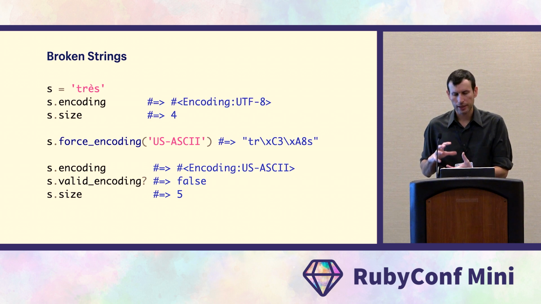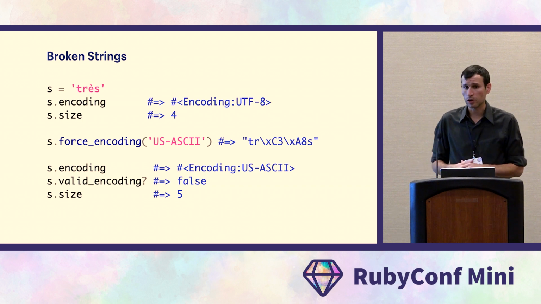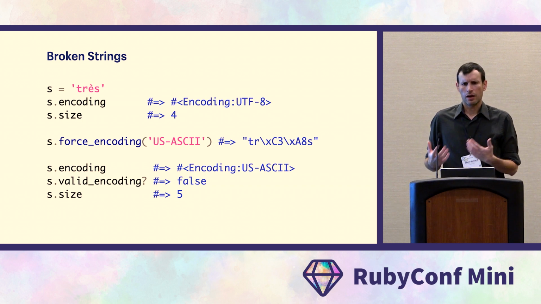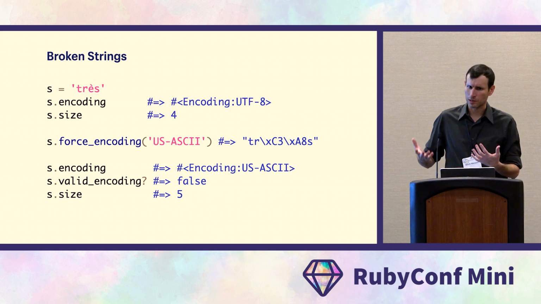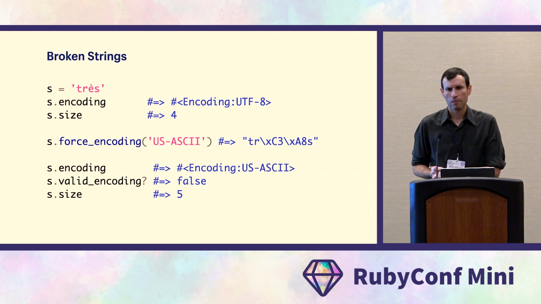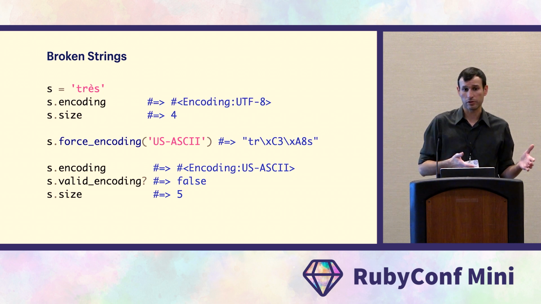You can check each string to see if it's broken, and there's a method for it called valid_encoding?. You'd expect that for most strings you work with, this will return true. So you have this difference between valid and broken. I think you'll find if you look into it, a lot of people call them broken strings, but the API for it is valid string. Whether a string is broken or not is just a property of the string. Either it is broken or it is not.